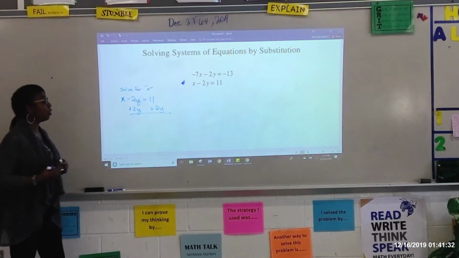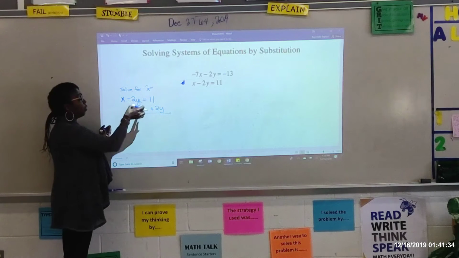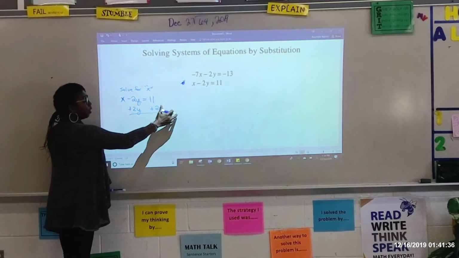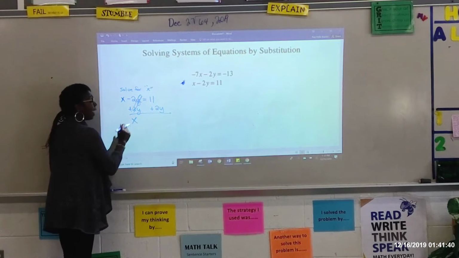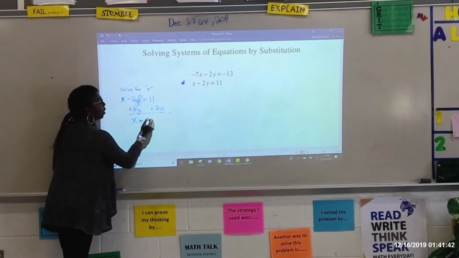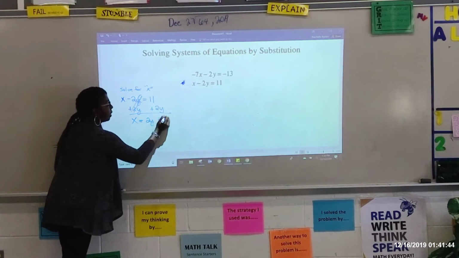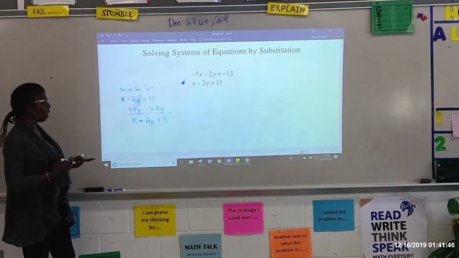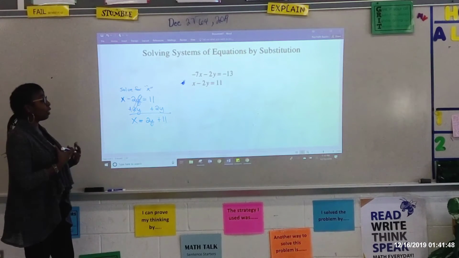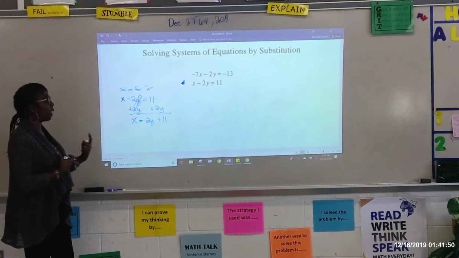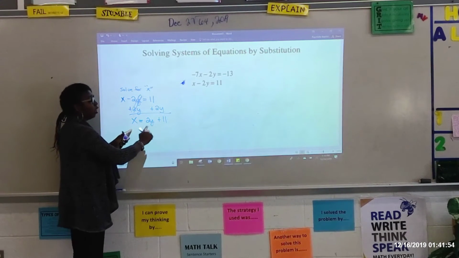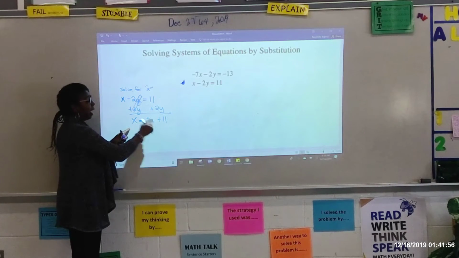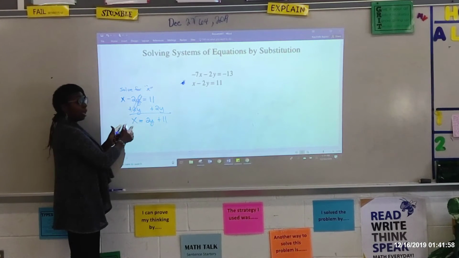By adding 2y, I'm going to move this term to the right-hand side and cancel out. And now I have x is equal to 2y plus 11. Perfect. That's what I want. So now when I start solving for my variables x or y, I can substitute this expression 2y plus 11 every time I see x.